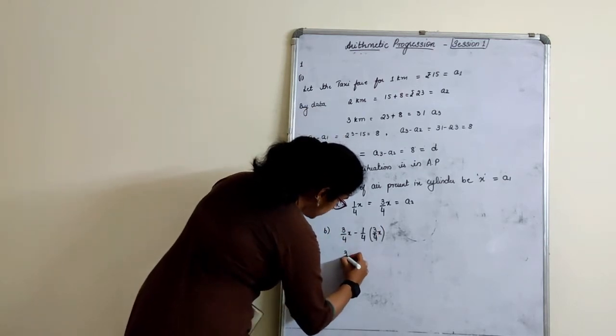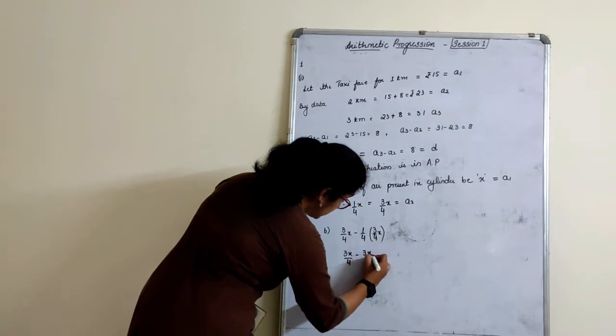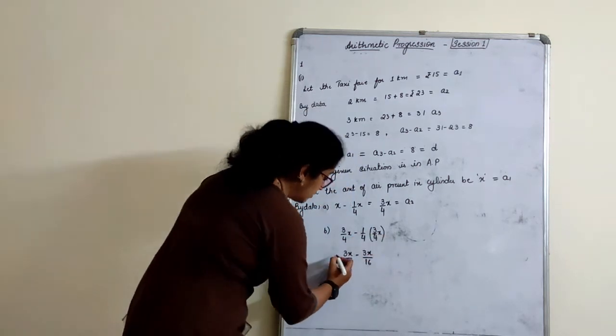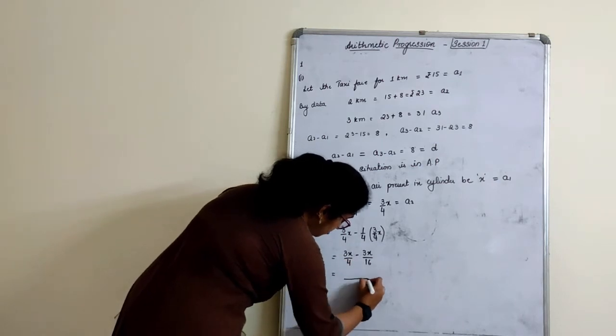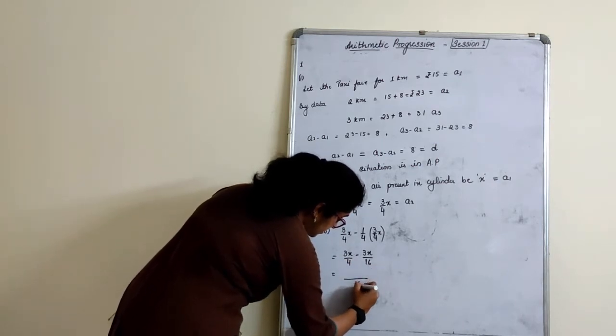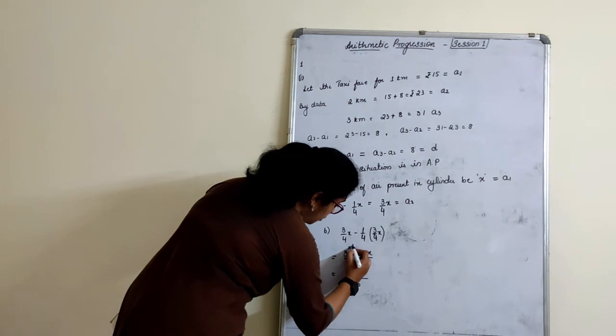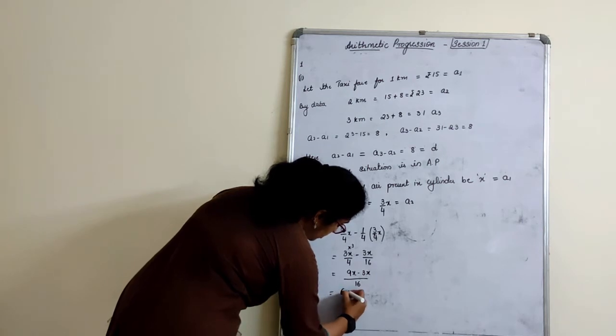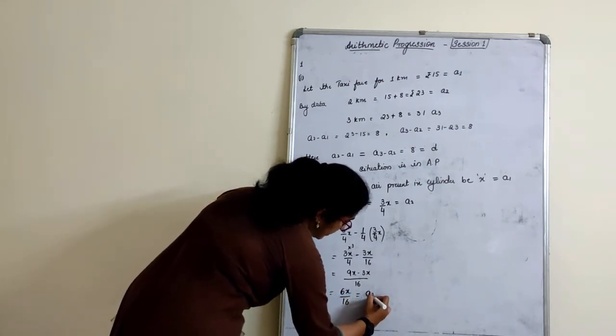So this is 3x/4 minus 3x by 16. Don't cancel, 3x minus 3x is 0. So 4 and 16, LCM is 16. So 4 3s are 9x minus 3x, that is equal to 6x by 16, that is A3.